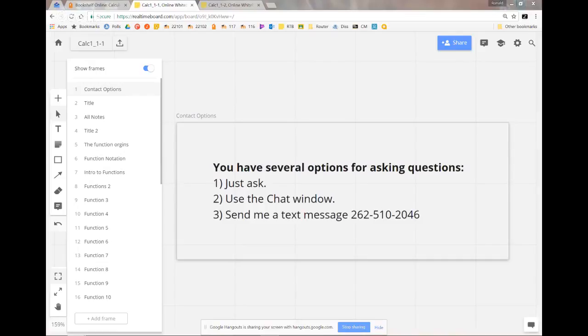Way at the top left corner, there's this blue chat thing, and that will open up a chat window, which I might encourage you to do. Then you can follow and ask me questions that way if you'd like to. You can also, as you can see from the message on the screen, send me a text message if you'd like to.